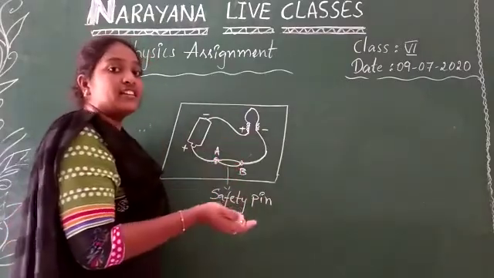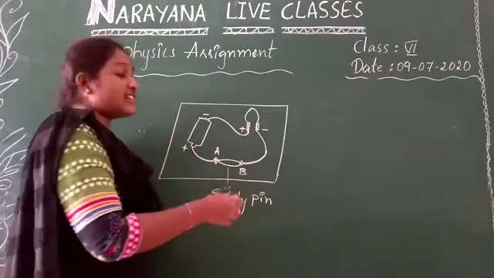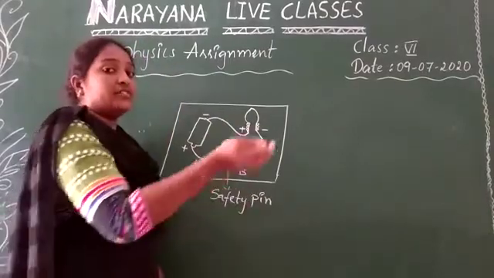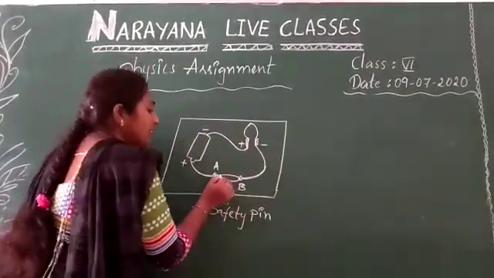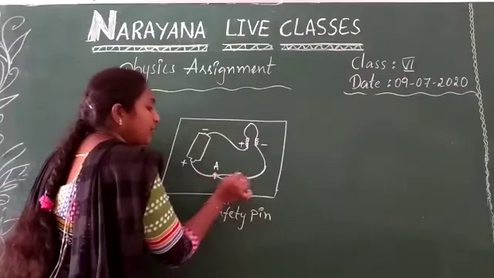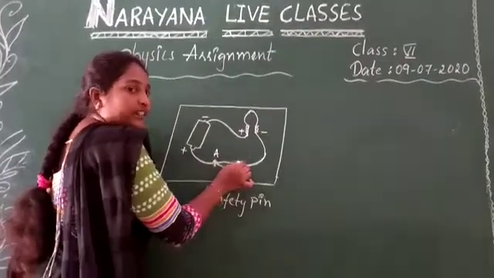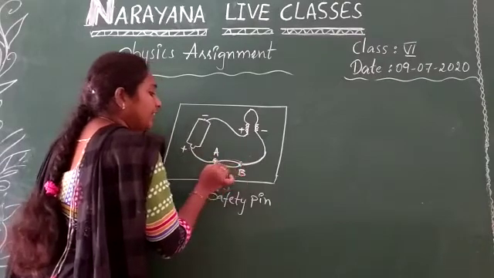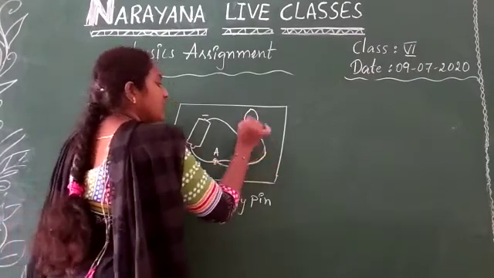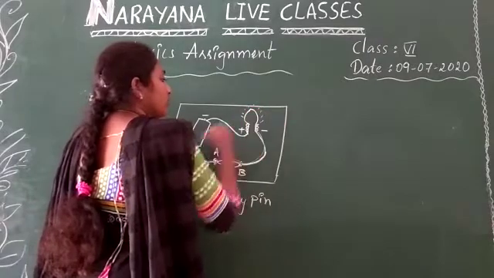That material acts as a conductor which allows the current to pass through it. So if we connect this in between point A and point B, then automatically the current passes through this material and reaches the bulb, and the bulb will glow.